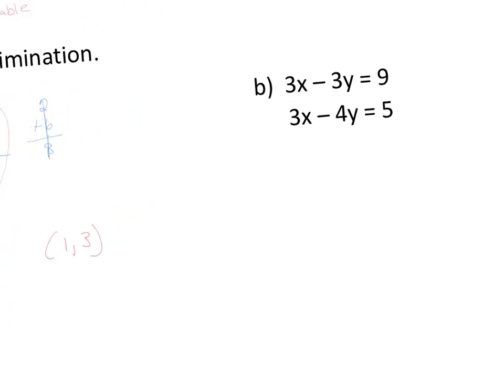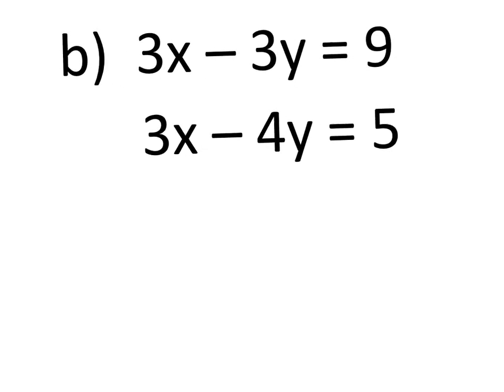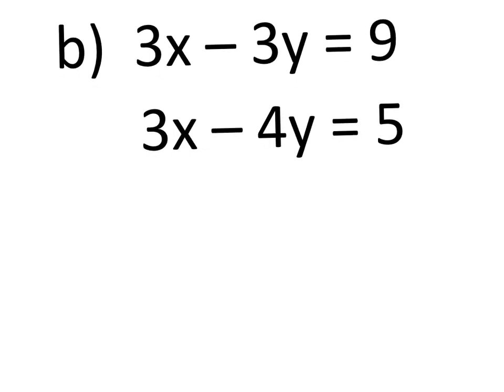All right, so let's go to the next example here. Looking at the -3 and -4, that's a no-go, so my focus has got to be the 3's. But they don't actually cancel each other out. 3 plus 3 would be 6. So to get them to cancel out, we are going to multiply this equation by -1. When we do that, we change all of our signs.